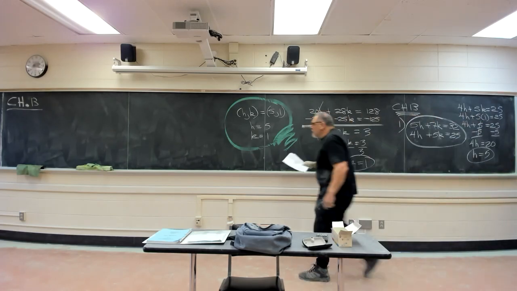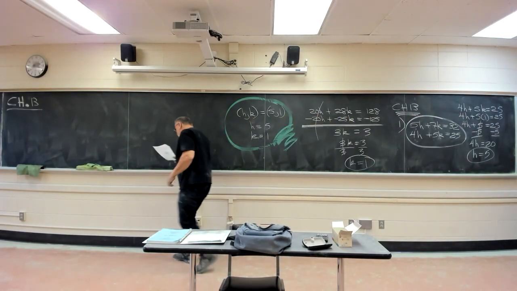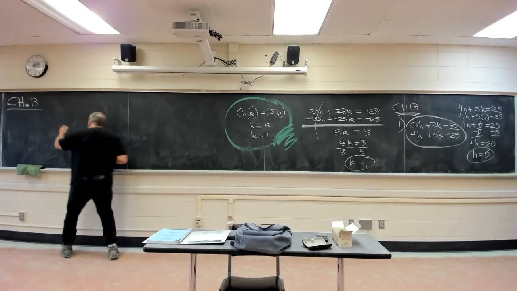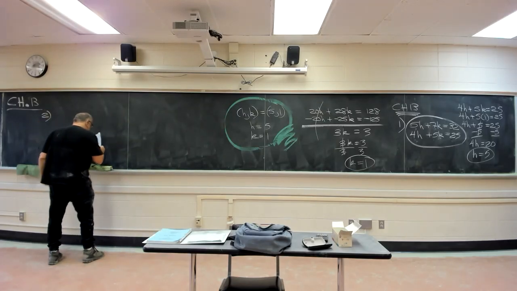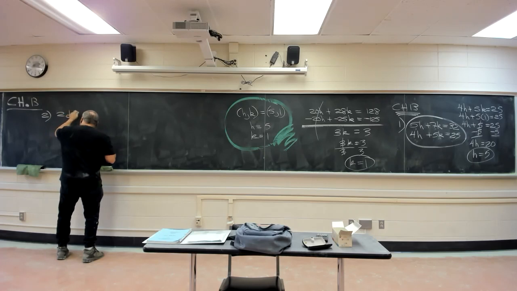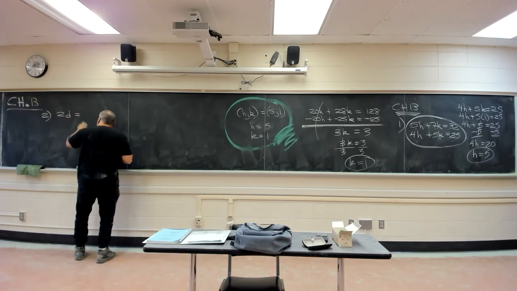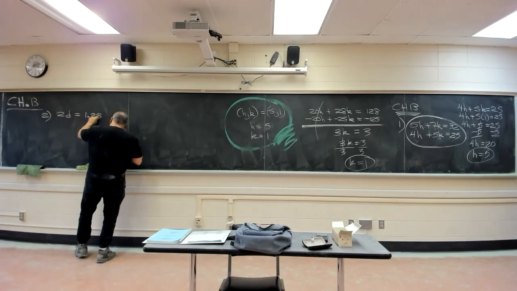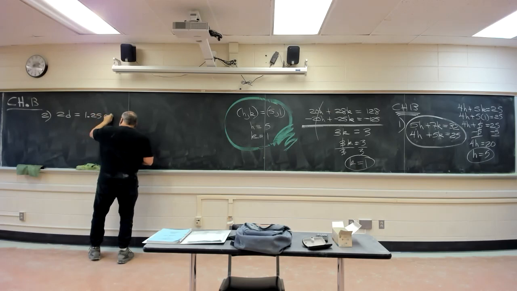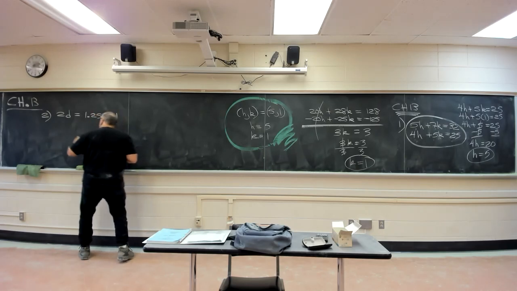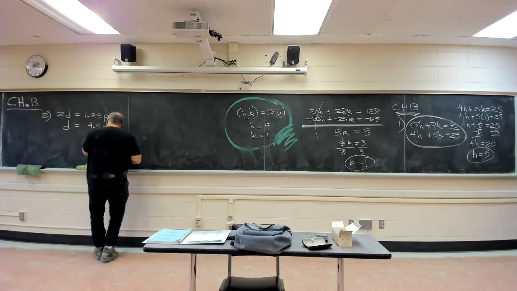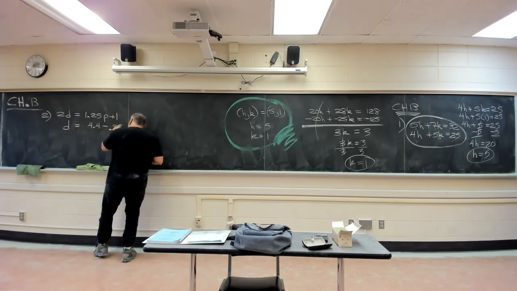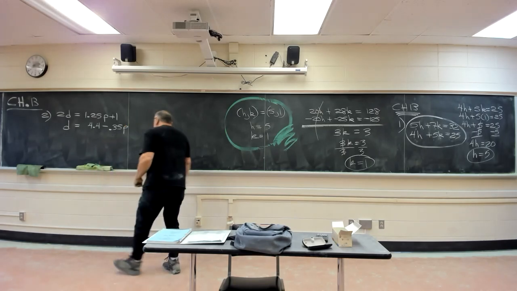For problem number 2, they want you to solve it either method, any method actually. I tell you, you can get a little innovative with some of this stuff if you want. I mean, you got 2d equals 1.25p plus 1, d equals 4.4 minus 0.35p.